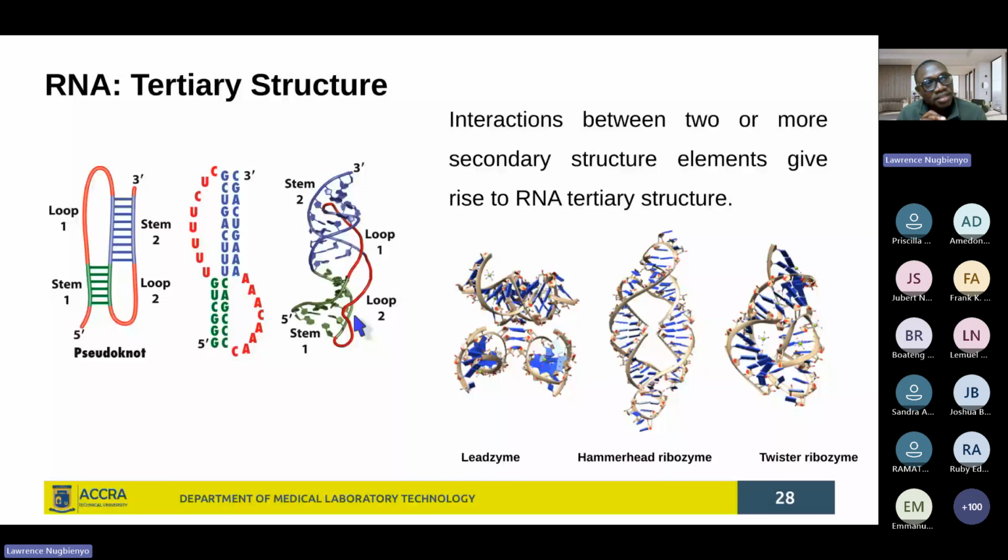You also find tertiary structure of RNAs in some catalytic RNAs. Usually we have proteins that are enzymes, like enzymes are mostly proteins, but you do have some RNAs that also act as enzymes, and mostly they will be acting in the metabolism of nucleic acids themselves.